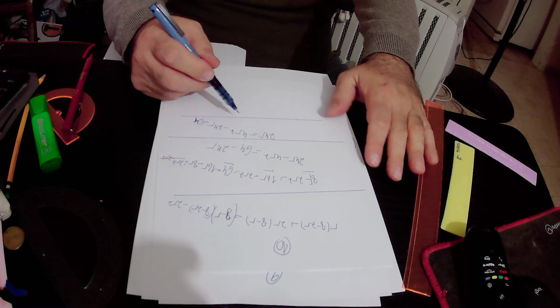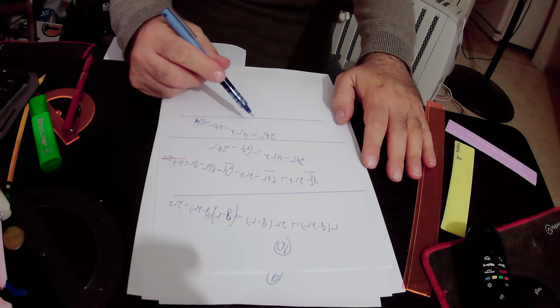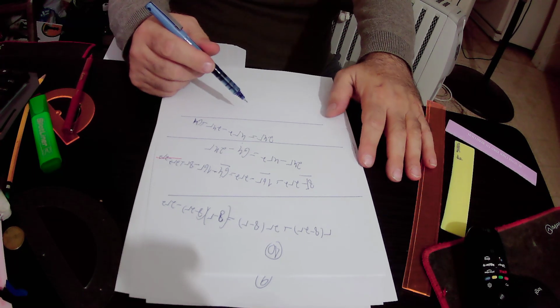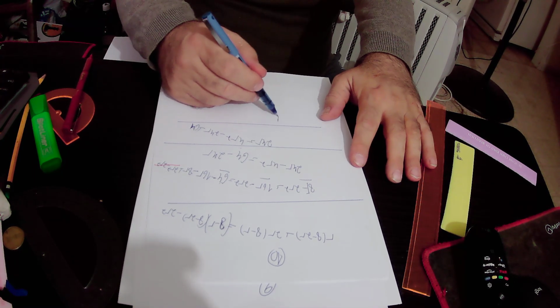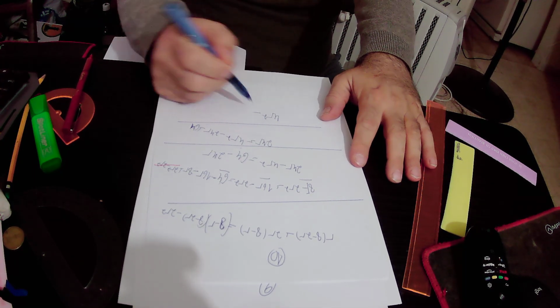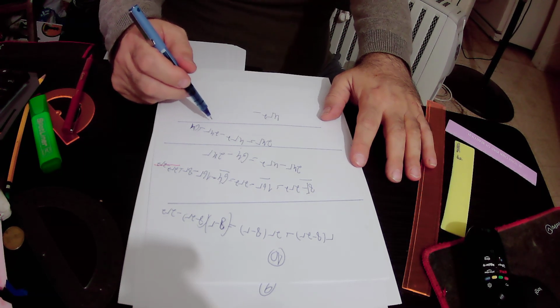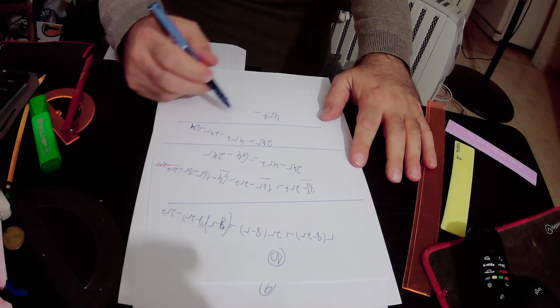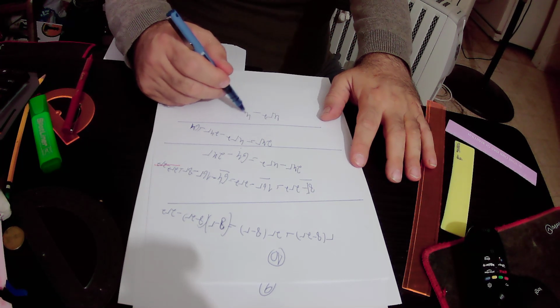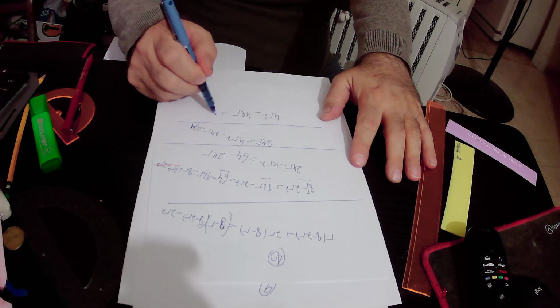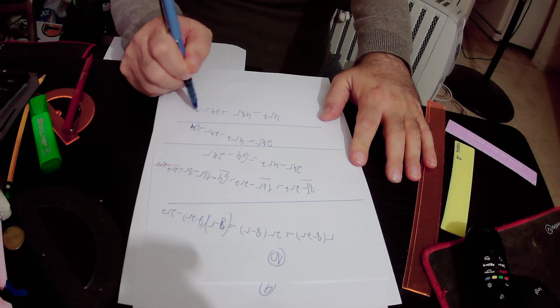Here we will subtract 24r from this equality, and we will get that 4r squared minus 24r minus 24r is minus 48r plus 64 equals 0.